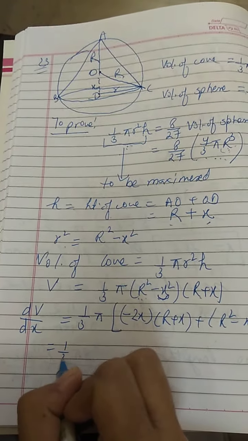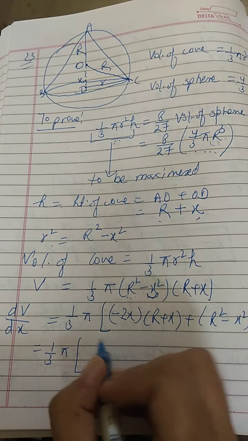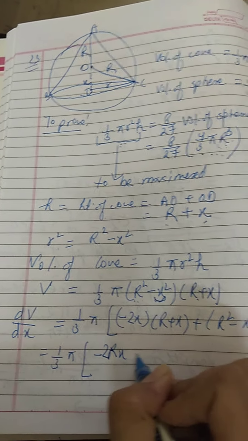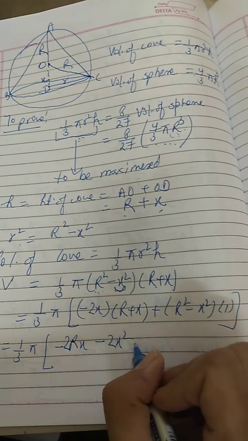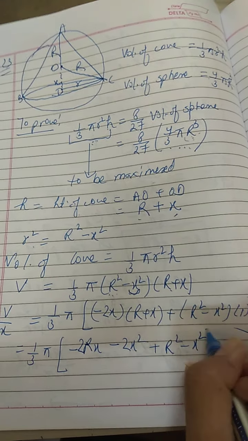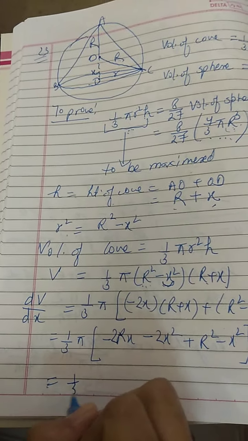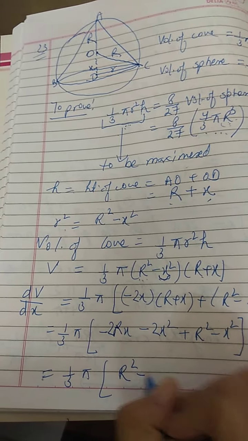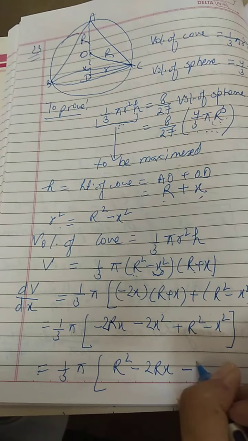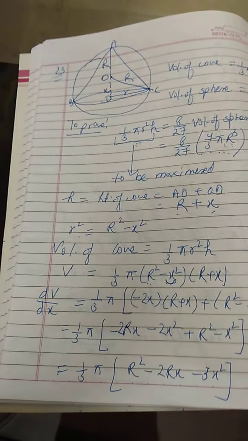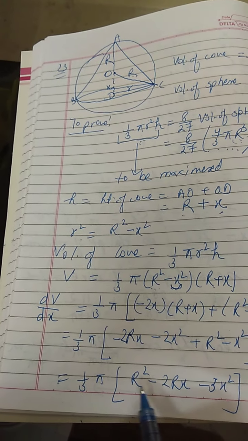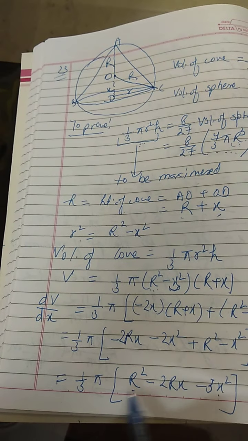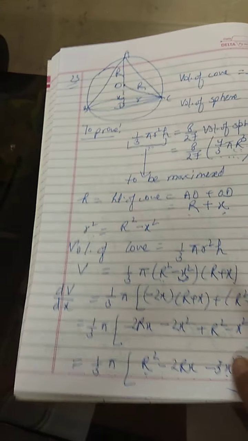So what we are getting is 1 by 3 pi, minus 2 capital R x minus 2x square plus R square minus x square. So 1 by 3 pi, we are getting here capital R square minus 2Rx minus 3x square. If I take capital R square as constant because it is given to us, we are getting a quadratic in terms of x.